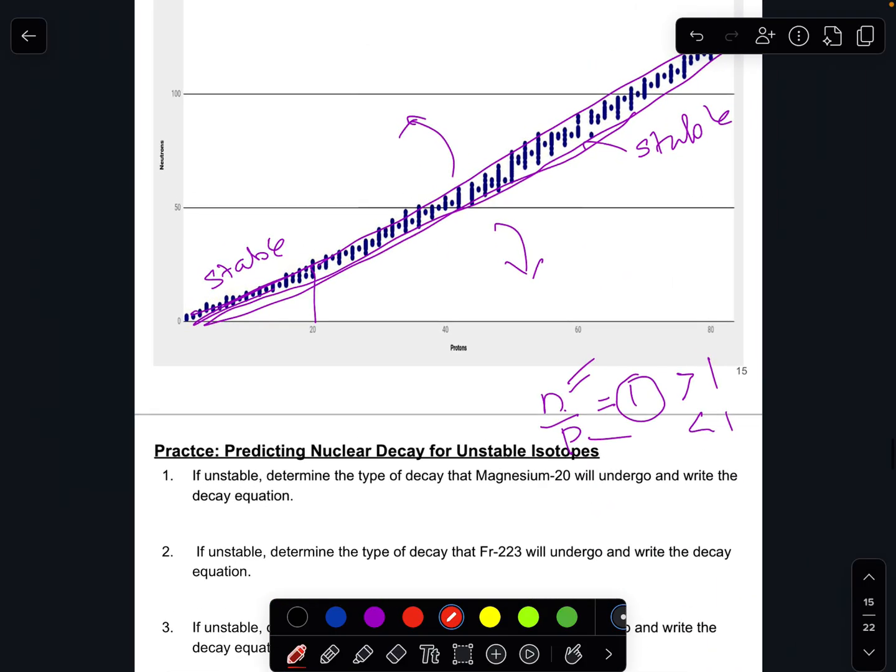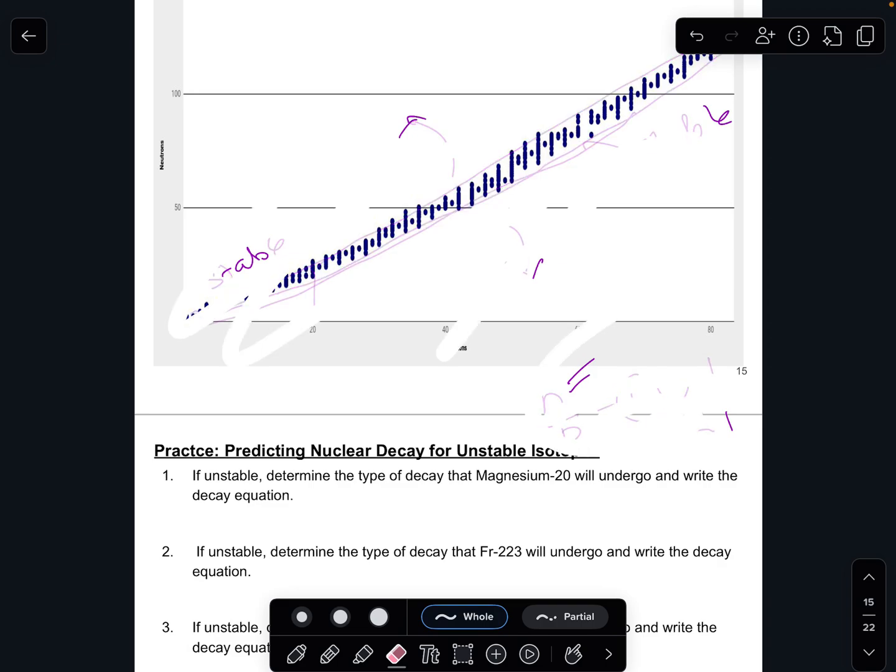Okay, so here a band of stability is given.